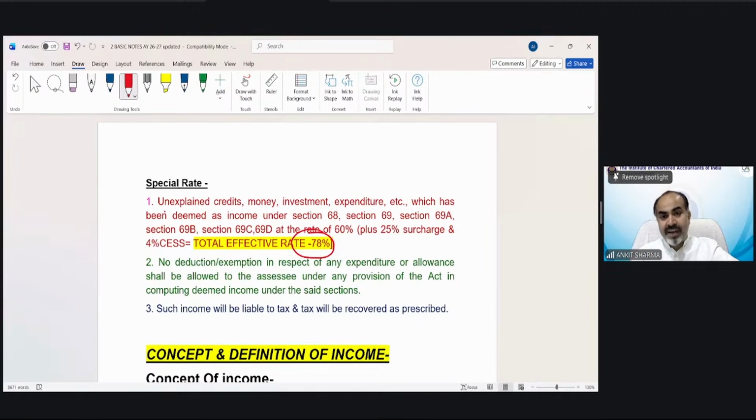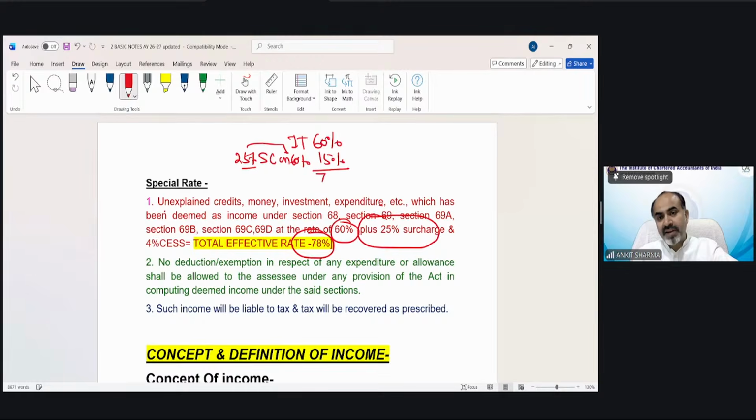And how is it 78%? The rate of income tax is 60%. Then 25% surcharge on it. Surcharge on 60% at the rate of 25%. So 25% of 60% we have to calculate, that would be 15%.